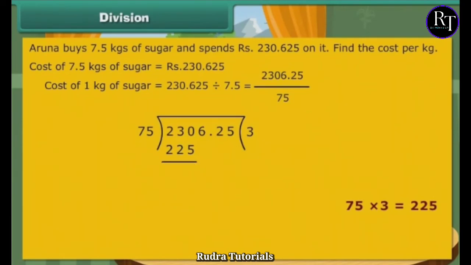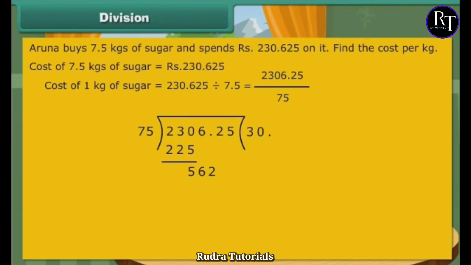Subtract and write the difference, 5 below. Bring 6 down. The new number formed is 56. 56 cannot hold 75, so write 0 to the right of 3. Bring 2 also down. Since 2 appears after the decimal point, place a decimal point to the right of 0.